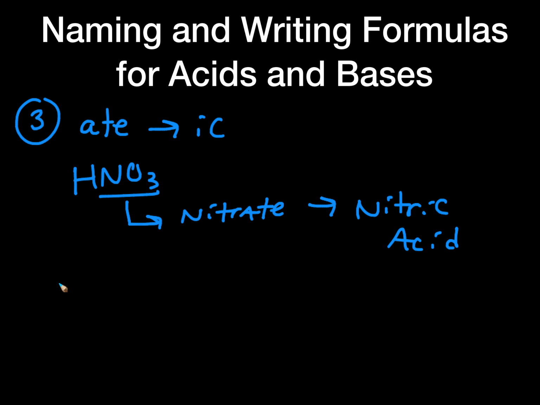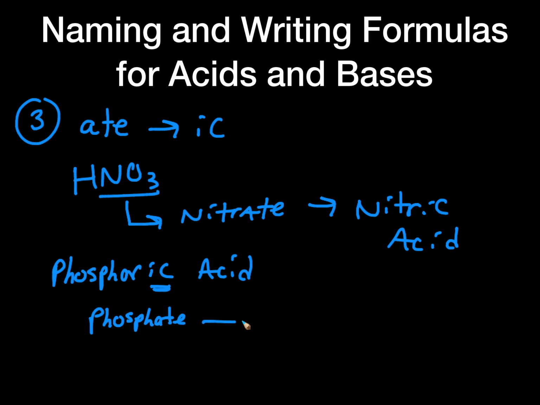Now, if we had to write the formula for an acid, say we had to write the formula for phosphoric acid. I see my ending is IC, so my anion had to end in ATE, and that would be phosphate.